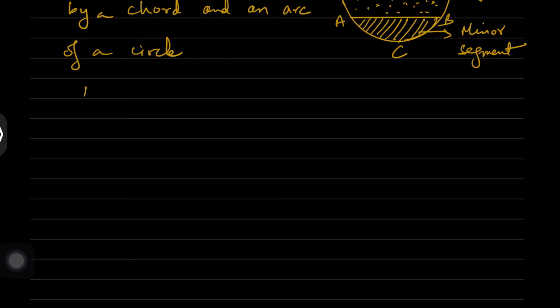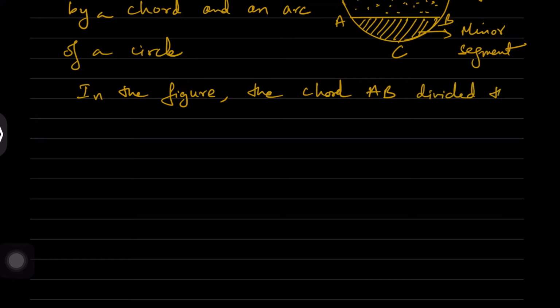So here in the figure, the chord AB divides the area enclosed by a circle into two segments.